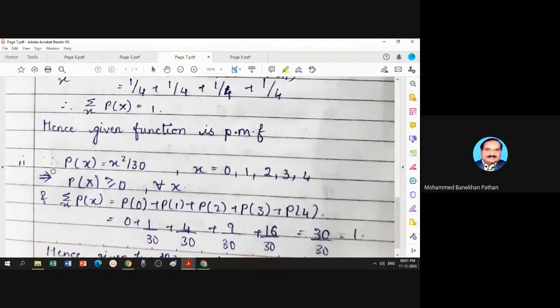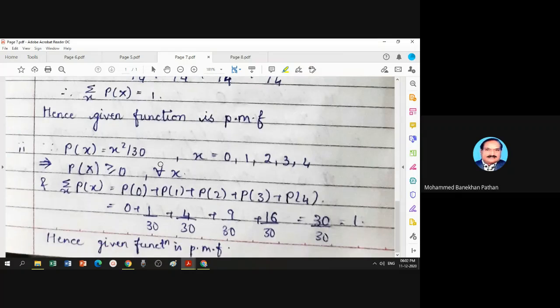Now, second bit of the question, Px equal x square by 30. And x takes value 0, 1, 2, 3, 4. Again, you can see the function is positive because we know from mathematics square value is never negative.